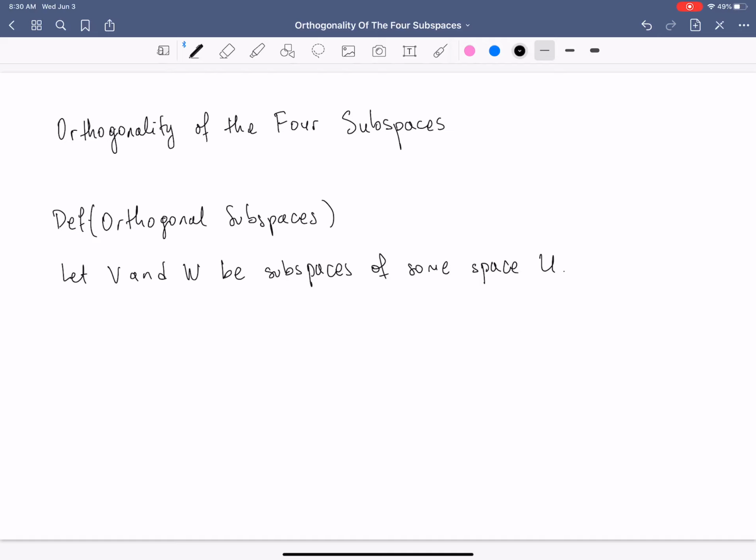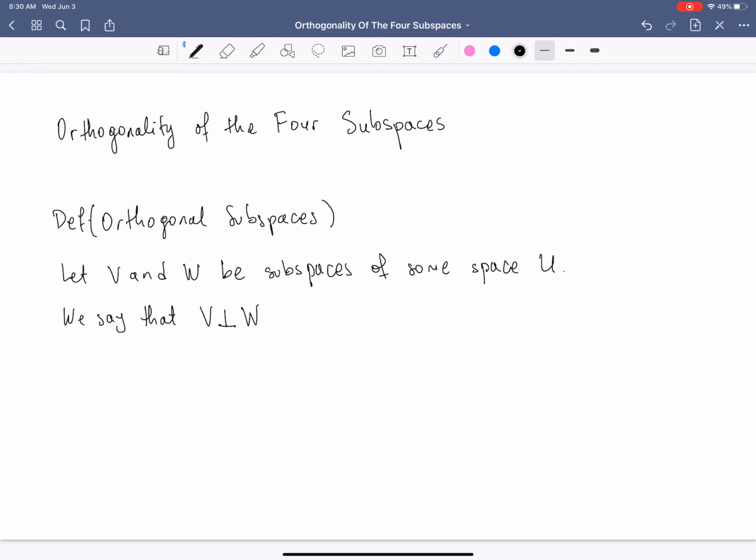Then we say that V is orthogonal to W, and I'll denote it in this standard way of orthogonality. We've seen this in our perpendicularity in geometry many times, so I'll just use this notation.